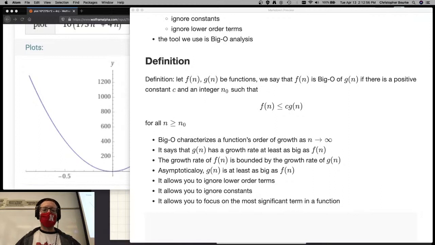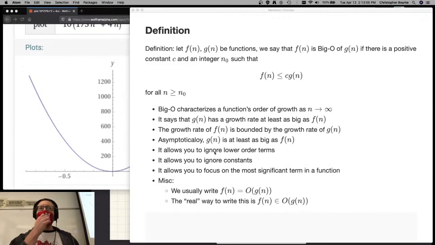Some miscellaneous notes, especially if you've taken 235 or 235H, maybe currently. We usually write f of n is equal to O of g of n when we say that f of n is big O of g. That's an abuse of notation. It's still okay though, because it's ubiquitous, it's been normalized.